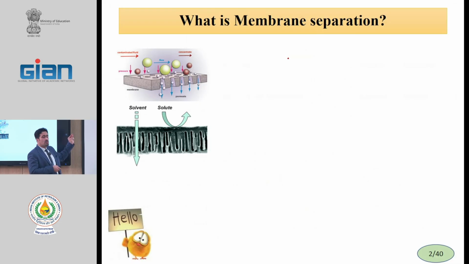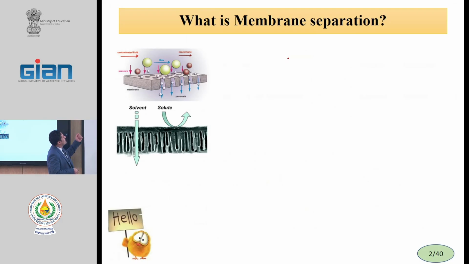Therefore, the pores of membranes should be much smaller than those of filters. Usually, filters have pores of 200, 300 nanometers, but most membranes have a pore size less than 100 nanometers. Okay, therefore we can say a membrane is a nanotechnology because we can produce pores on the nanometric scale.